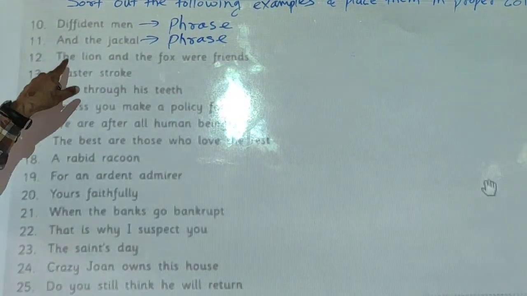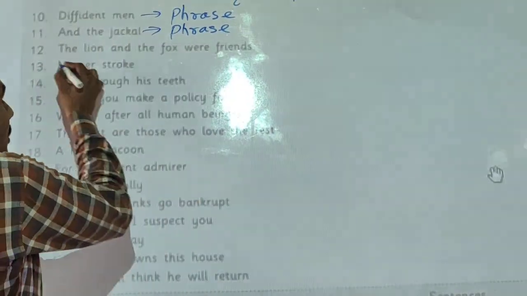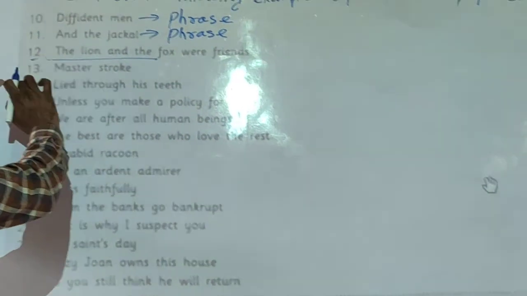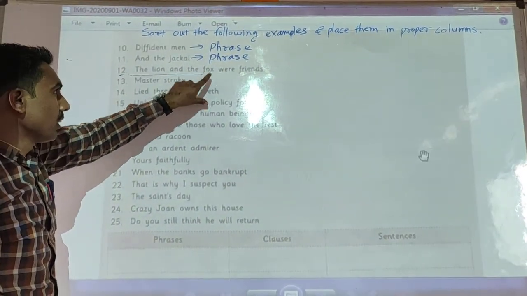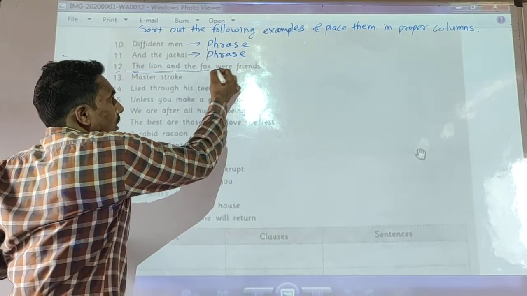Now the next one is "the lion and the fox were friends". You can write this example into sentence, because in this example there are two subjects, the lion and the fox. Then where is the verb?